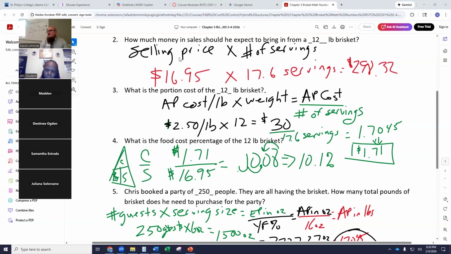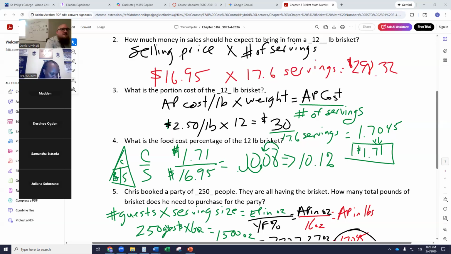Okay. I feel like I need to update these numbers because I think these were from 2016 when I started teaching. I think it's at least like $7 a pound right now. Okay, so $2.50 a pound times 12 pounds is $30. And then I divide by the 17.6 servings to get $1.71. You see how I round that up to $1.71?